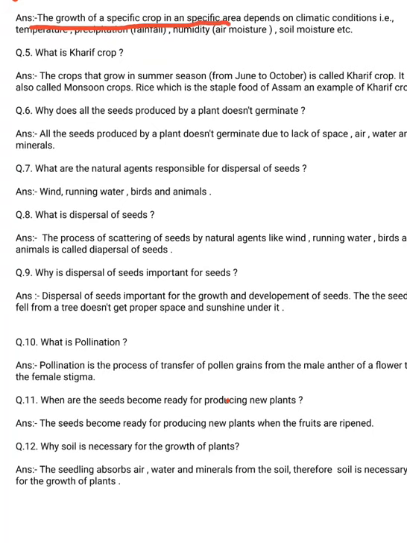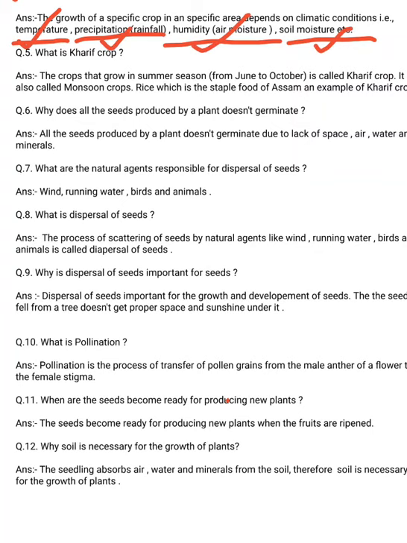The growth of a specific crop in a specific area depends on climatic conditions. So for a crop to grow in a specific place, it depends on certain climatic conditions. These are temperature, which means how much temperature is needed, precipitation, which means rainfall, humidity, which means air moisture, and number 4, soil moisture.